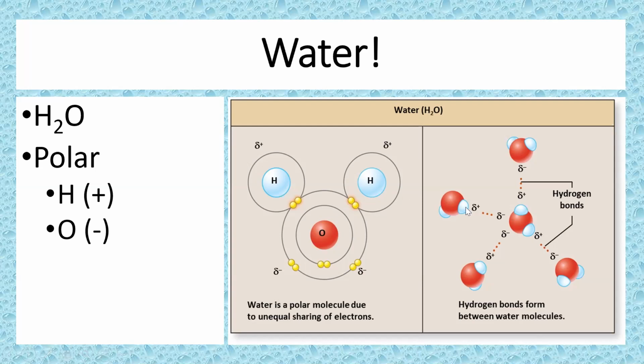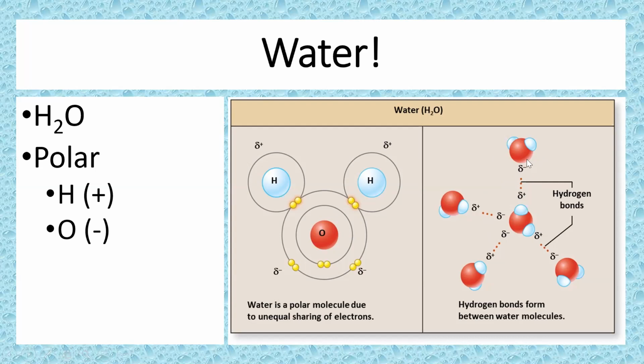Okay, the second thing I want to discuss from this image right here is the fact that you have the water molecules able to form bonds with one another. They're not really bonds, they're actually weak attractions between one another.